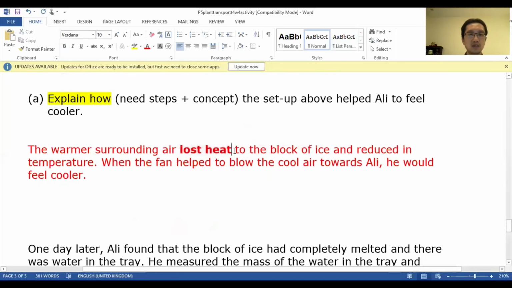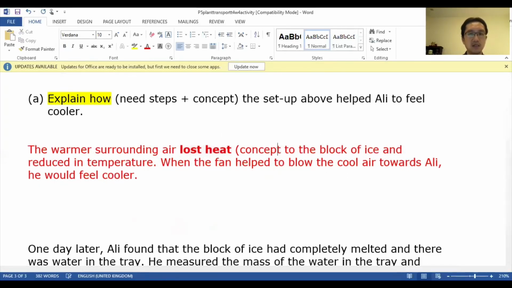In this concept, we need to know which things are losing the heat and which are gaining it. The warmer surrounding air lost heat to the block of ice. The surrounding air was at a higher temperature, and once it lost heat to the block of ice, there was a reduction in temperature.